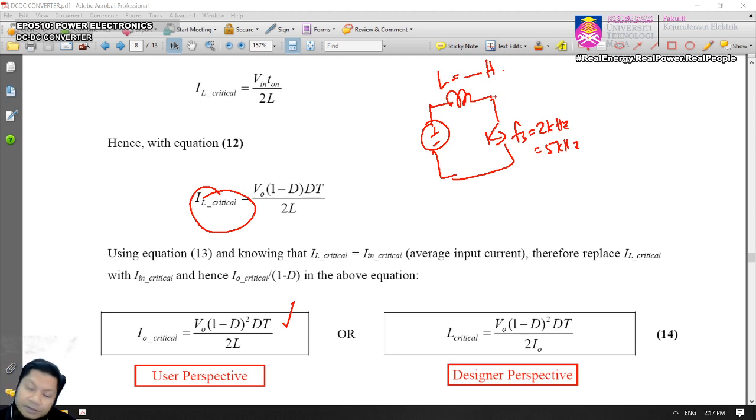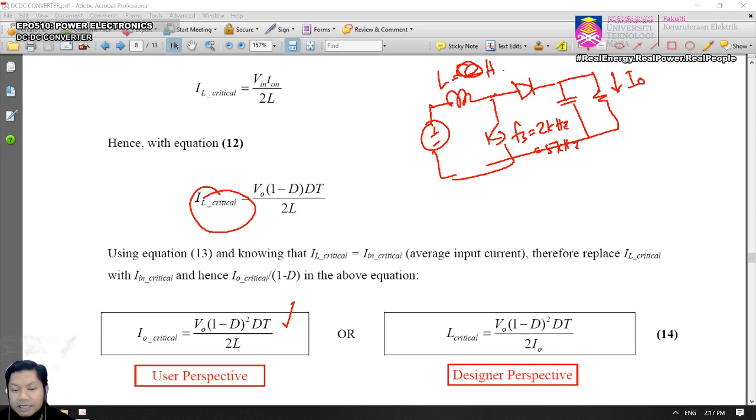So based on the converter that you bought, and then you have the diode, capacitor, and resistor, isn't it? So with that L size, you can determine the minimum size of I naught that you can apply with your converter before it goes into discontinuous mode operation.